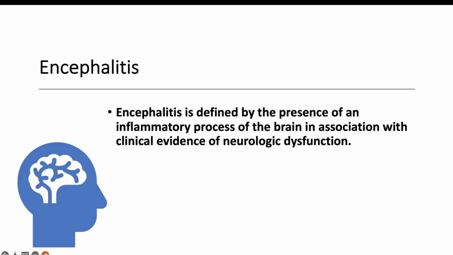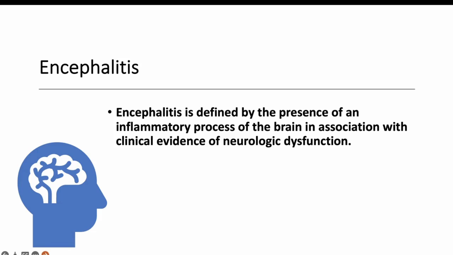So what is the pathophysiology of encephalitis? It could be due to direct invasion of neuropathogenic organisms like herpes simplex virus, or due to slow viral replication like with HIV.